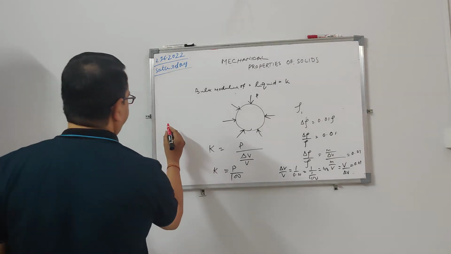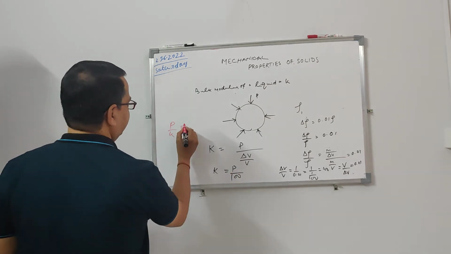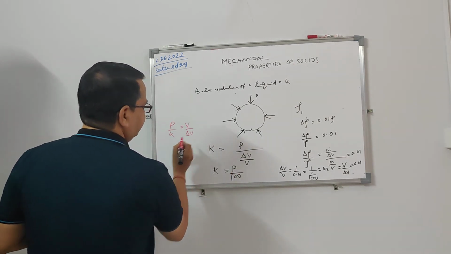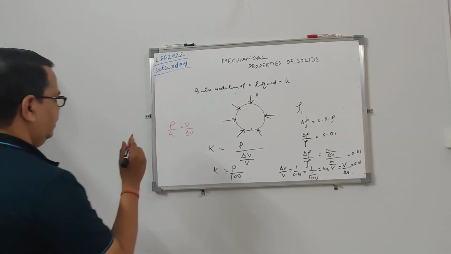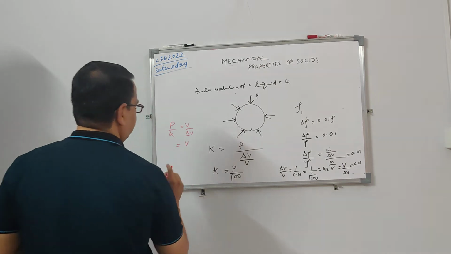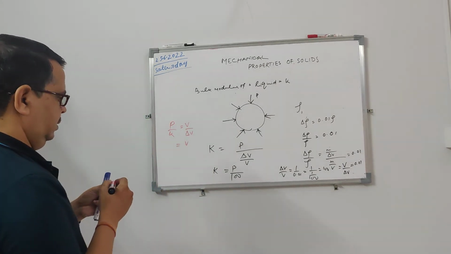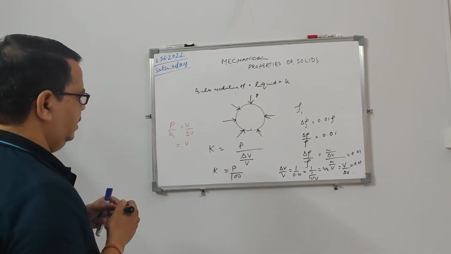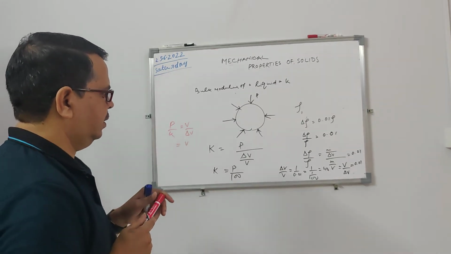So let us say P by K is equal to V by delta V. V by delta V is equal to 0.01.